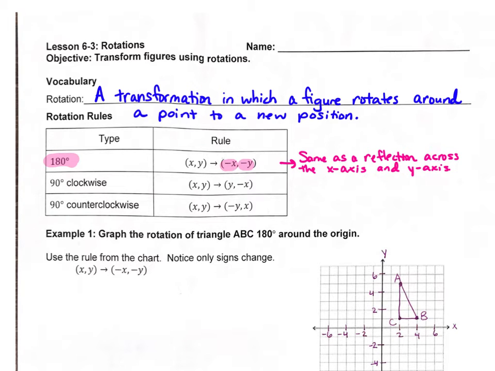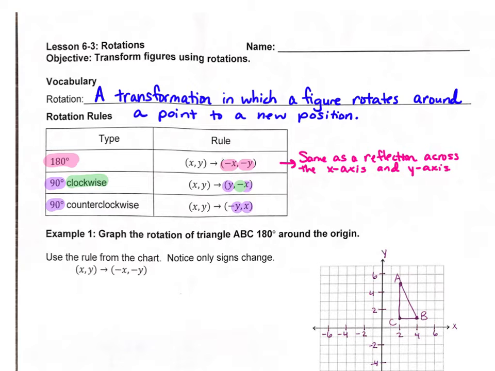Then a 90-degree rotation could either be clockwise or counterclockwise. Notice in both of these 90-degree rotations that y and x are inverted, that we write y before x. If it's 90 degrees clockwise, that's the direction of a clock, what you think would normally happen, then the x changes its sign.